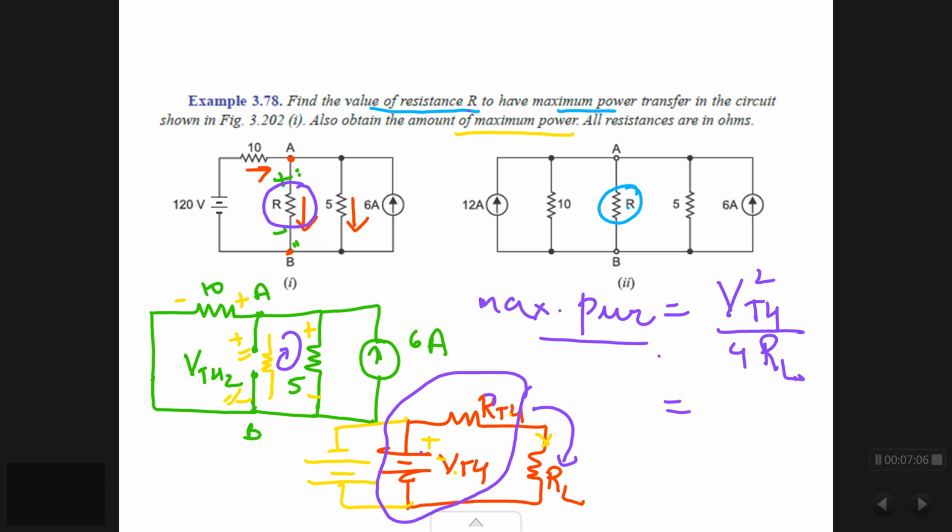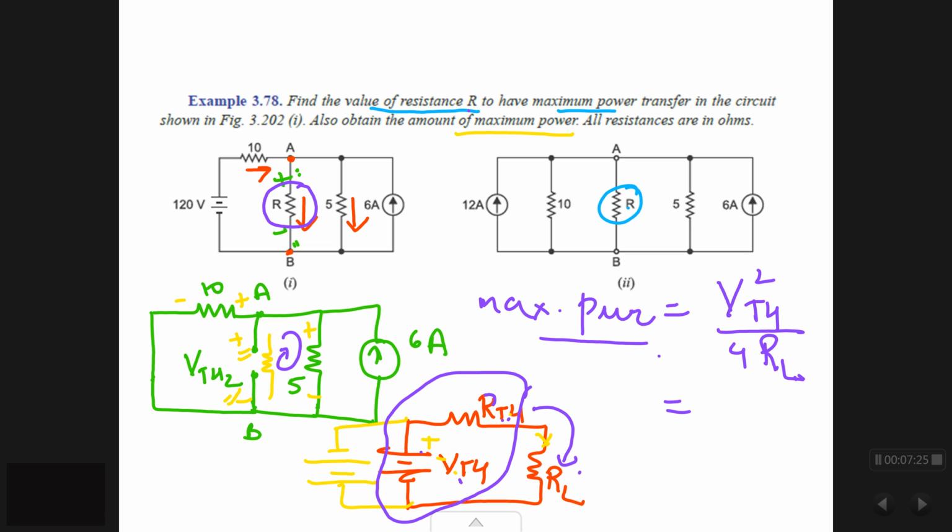Okay, RTH and VTH that you have. So what you do over here is, this VTH you have to find using Thevenin's theorem, and RTH you have to find using Thevenin's theorem, that is Thevenin's effective resistance and Thevenin's effective voltage across the terminals AB. Put them over here.